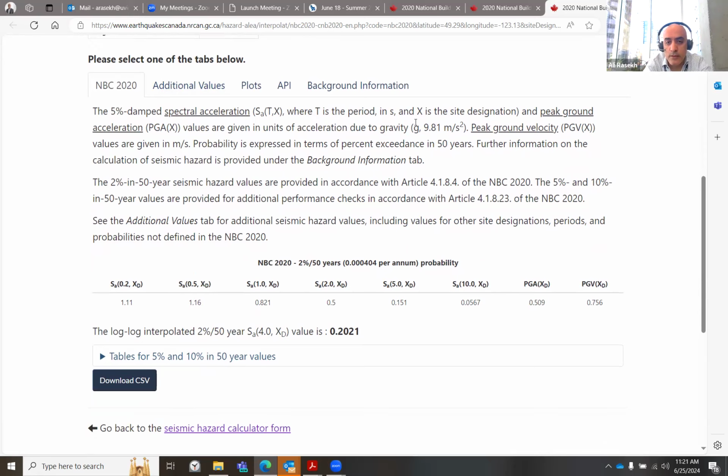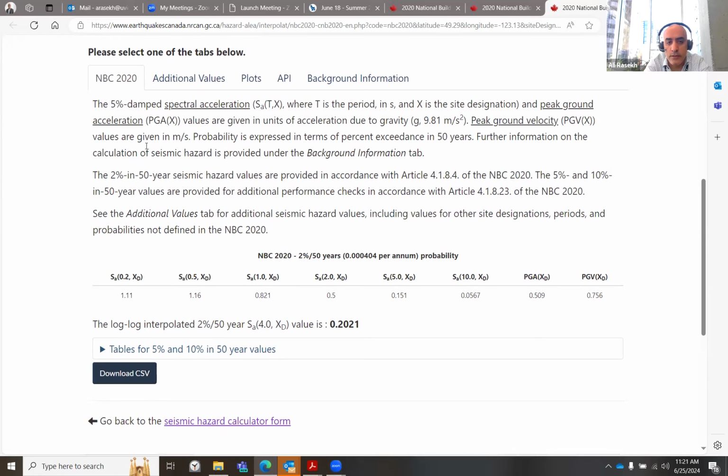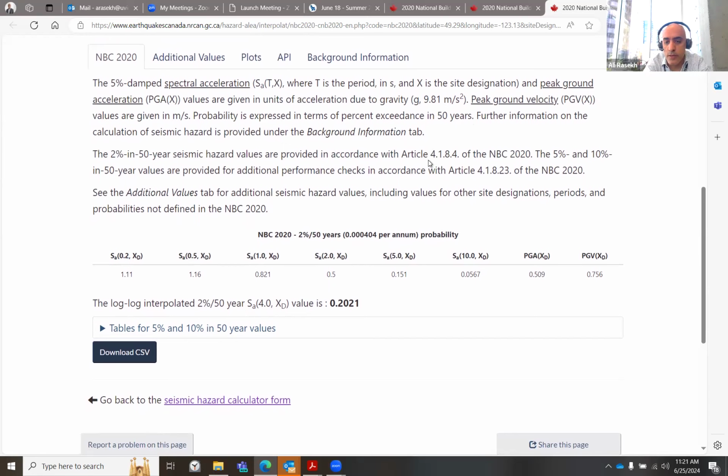That's a new terminology, but now site class D is also a designation. It also gives you the peak ground acceleration. The unit is gravity, so it's calibrated with G, unitless in a way. And it also provides peak ground velocity in meters per second.